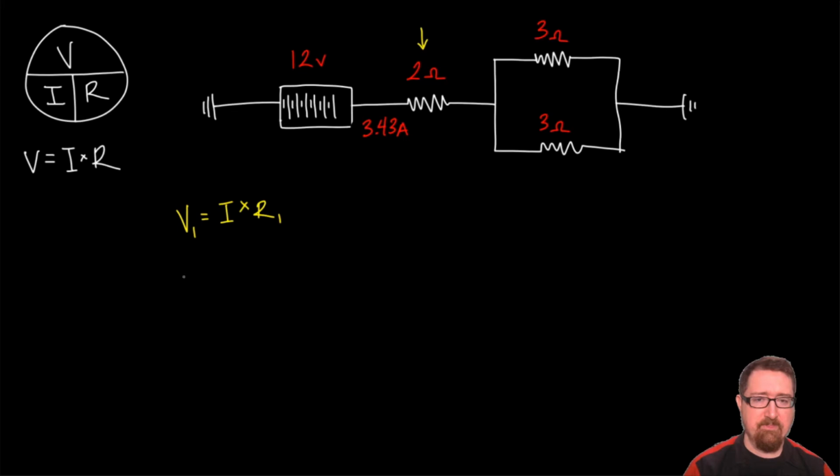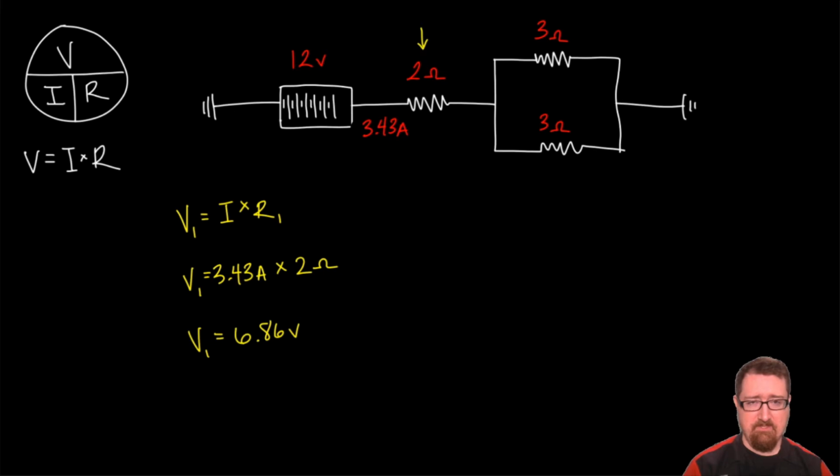So voltage 1 is equal to 3.43 amps multiplied by 2 ohms. So our voltage drop at R1 is going to be 6.86 volts. So that's how much voltage we are actually using up here.